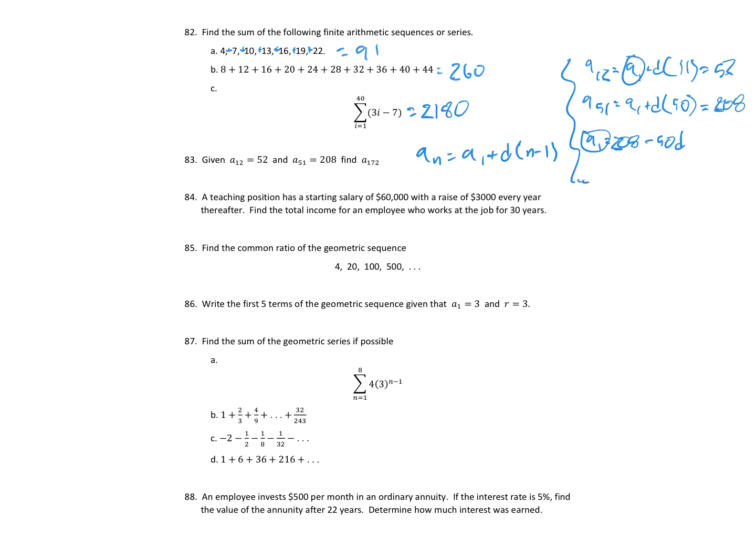So 208 minus 50D plus 11D equals 52. I just got to do a wee bit of algebra. 208 minus 39D equals 52.